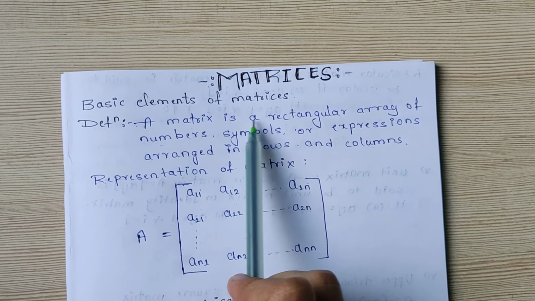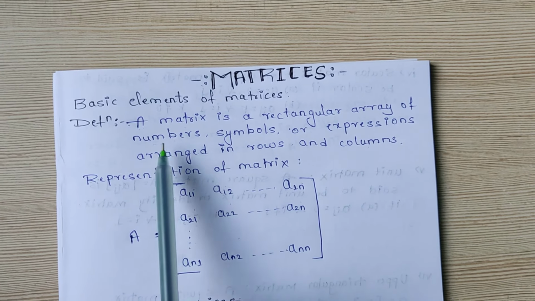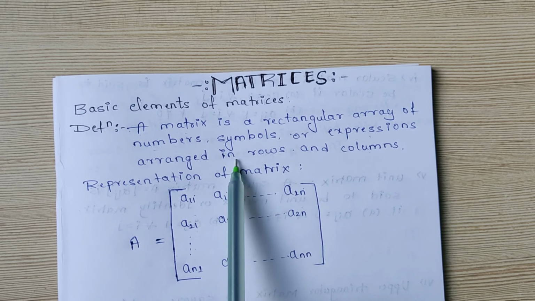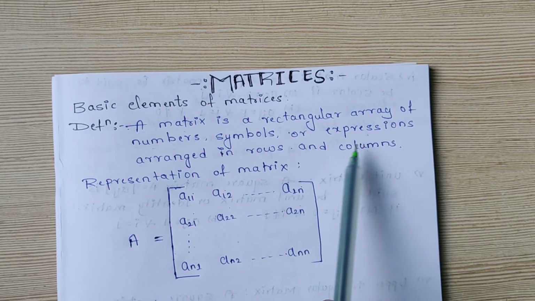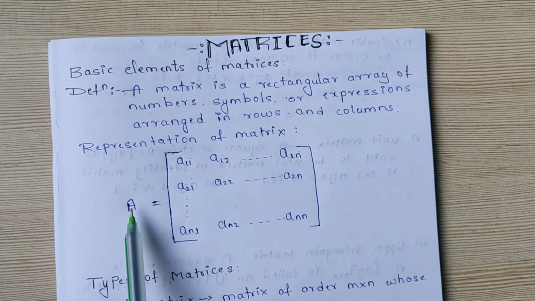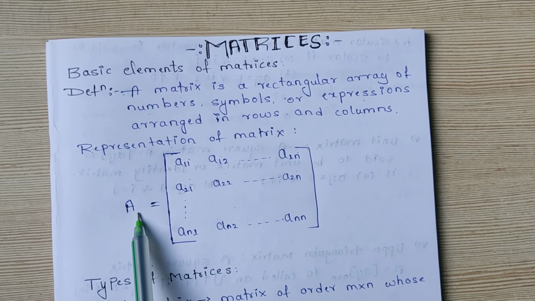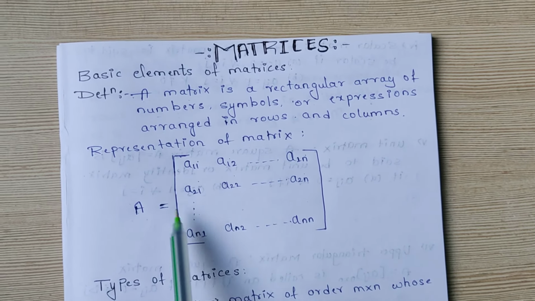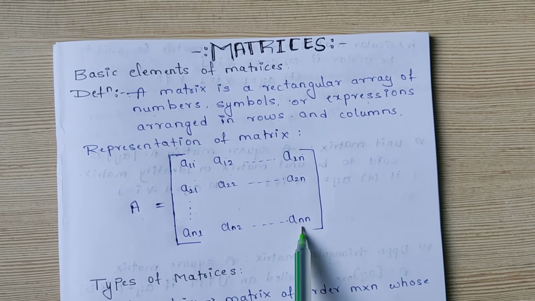A matrix is a rectangular array of numbers, symbols or expressions arranged in rows and columns. You can see the representation of the matrix here. Usually we denote a matrix by capital letters and represent it in square brackets.